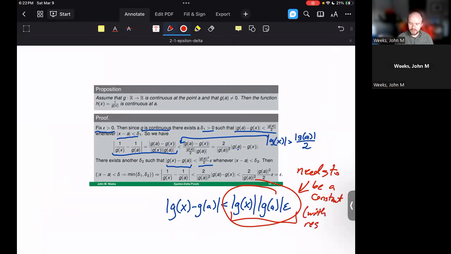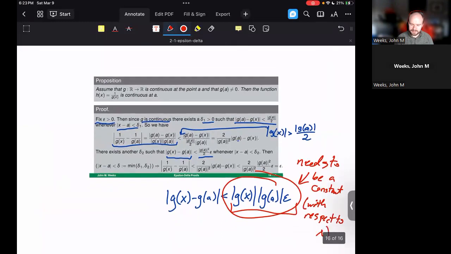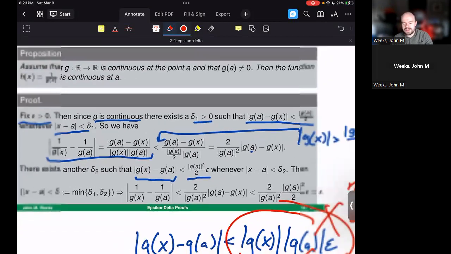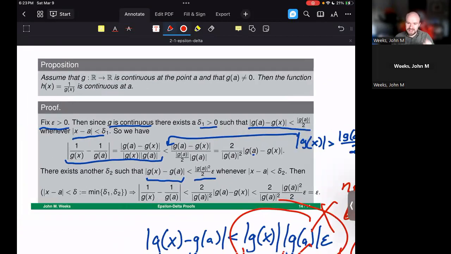In this case, that's with respect to x. So this would not work. This is not an appropriate use of a constant here. But this one, on the other hand, does work, because notice that this one does not reference x anywhere in the constant. It only references a, and that is something that is fixed in the proposition. This can be given whenever absolute value of x minus a is less than delta 2.